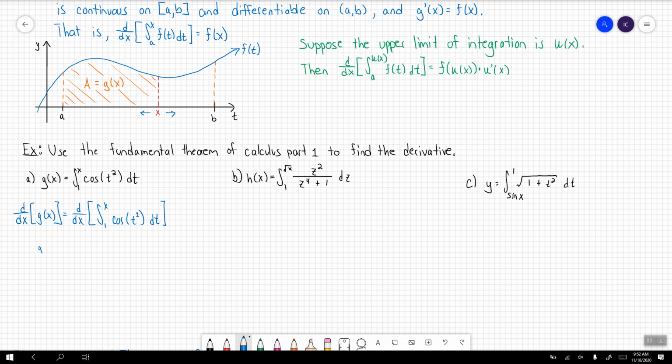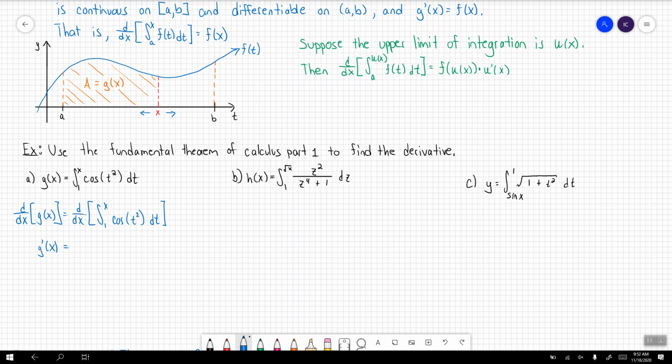And so we're able to get that the left-hand side of the equation is g prime of x, that's the derivative of g of x. On the right-hand side, since we have this function and we're going to be taking the integral, once we take this integral, we're going to have to take the derivative with respect to that variable, which will be x.